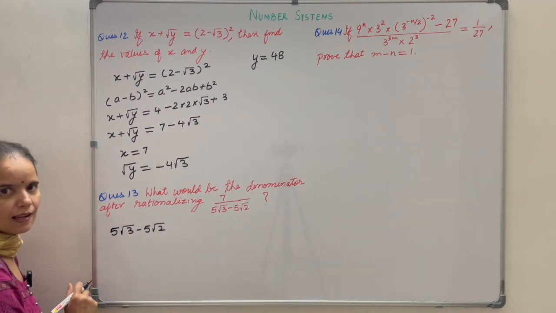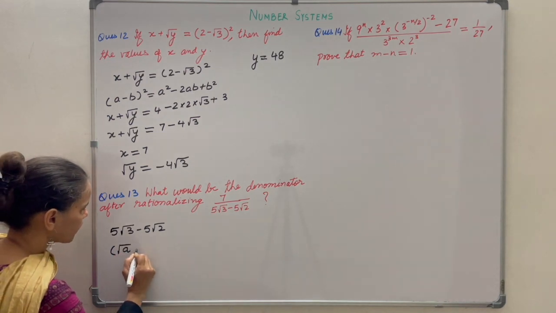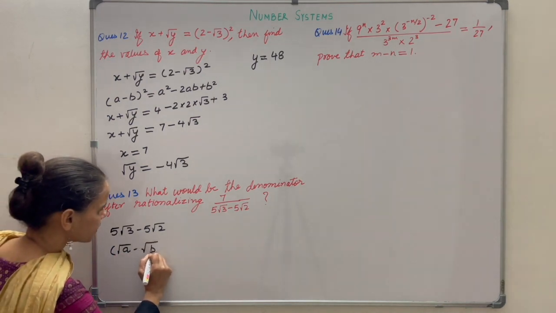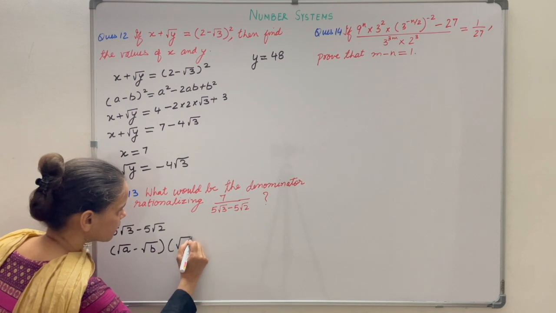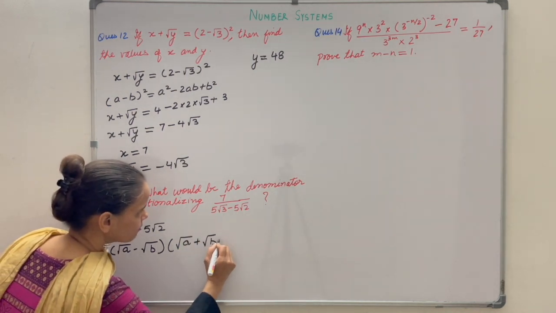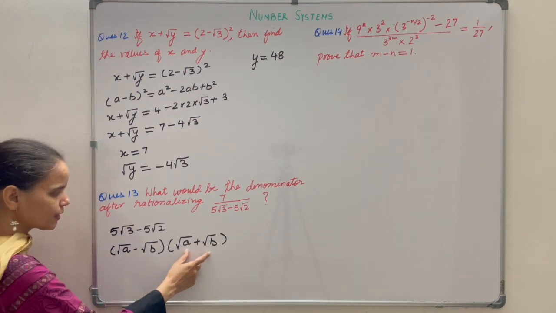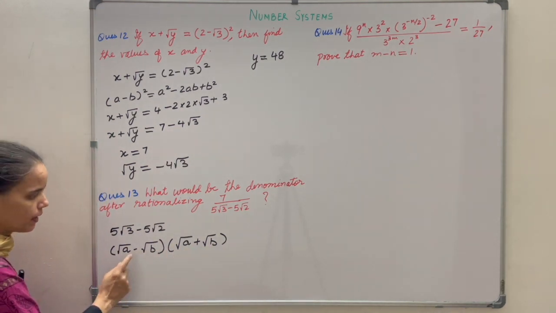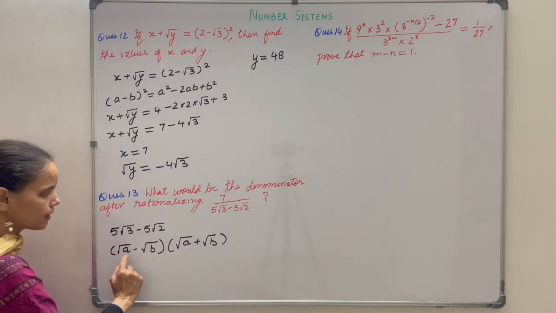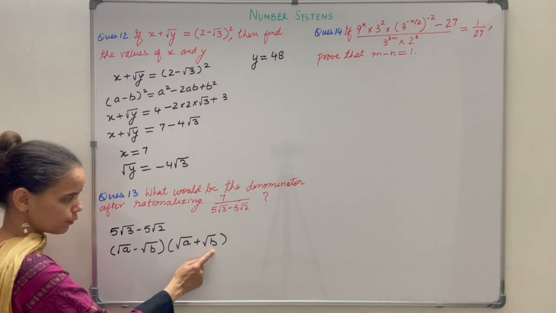To rationalize this, I will use this formula: square root of a minus square root of b. I am going to multiply this with square root of a plus square root of b. This square root of a plus square root of b is the conjugate of this number. Here this remains the same. Here it is root a, here also it is root a. Here it is root b, here it is root b.